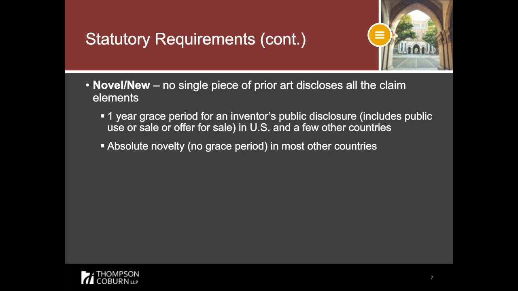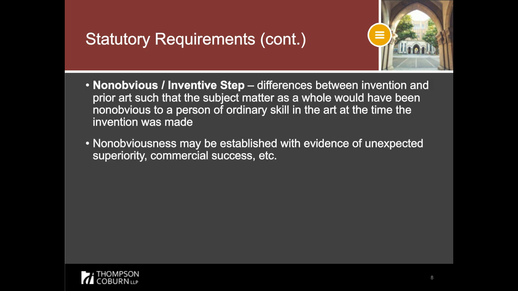And so this is particularly relevant in the university setting in that professors, researchers like to publish. And so sometimes you have to take advantage of that grace period because the publication comes out before your application is filed.